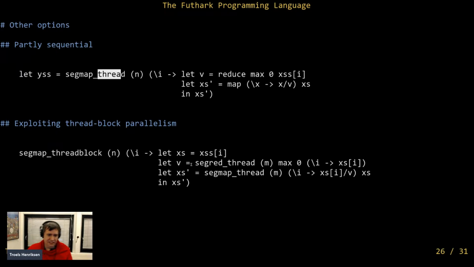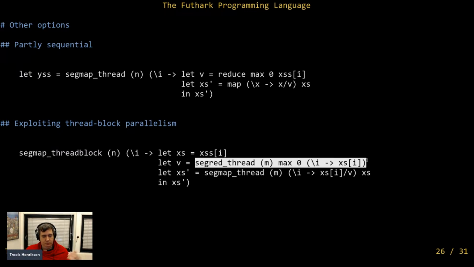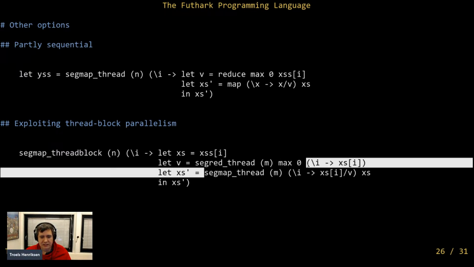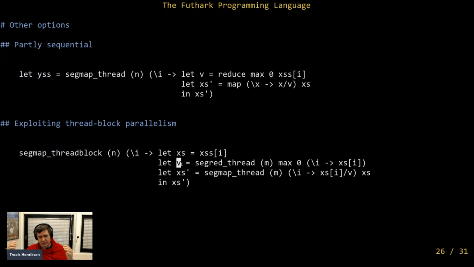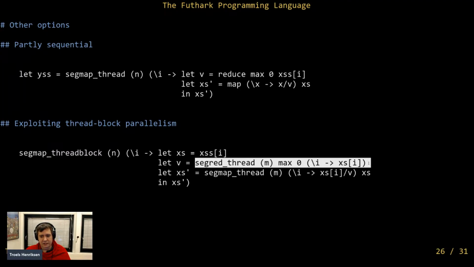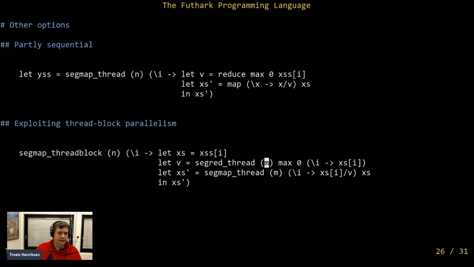And then inside of each thread block, we collaboratively perform a reduction and a map again. Now, the advantage of this approach is that the intermediate results here can be stored in shared memory on the SM. It doesn't have to go to global memory. So it's going to be quite fast. If, of course, these operations, which produce arrays, operate on arrays of size m, will actually fit in shared memory.